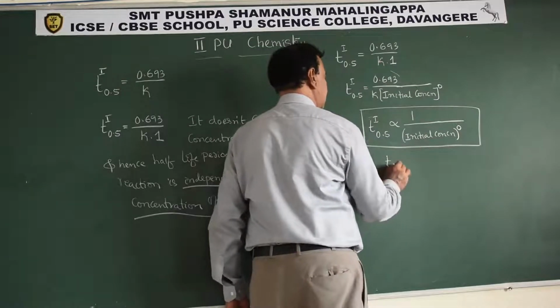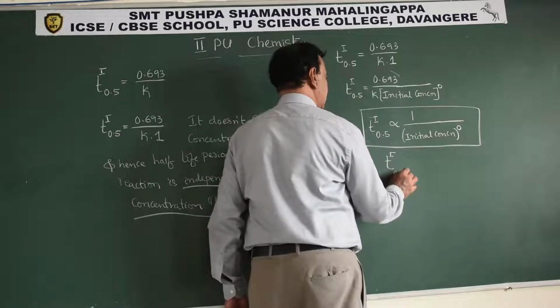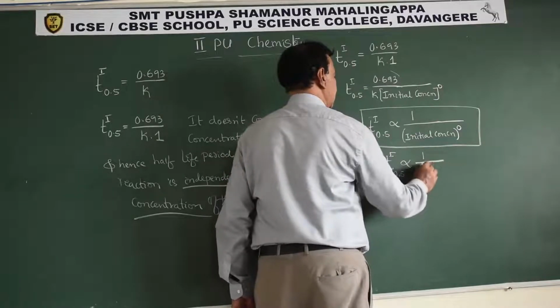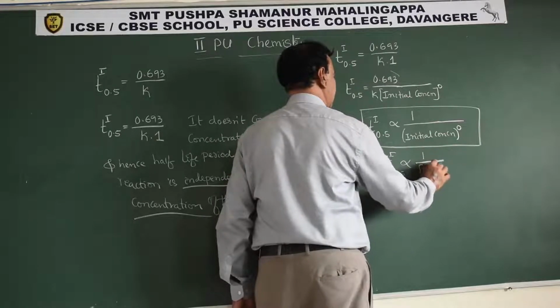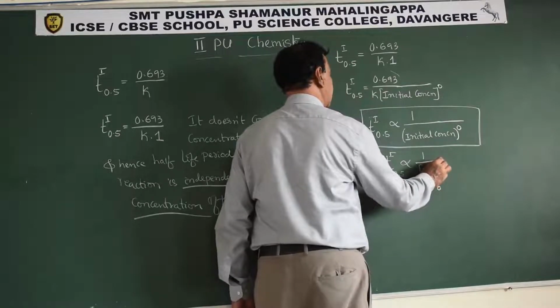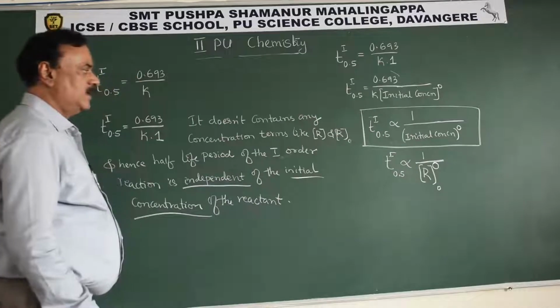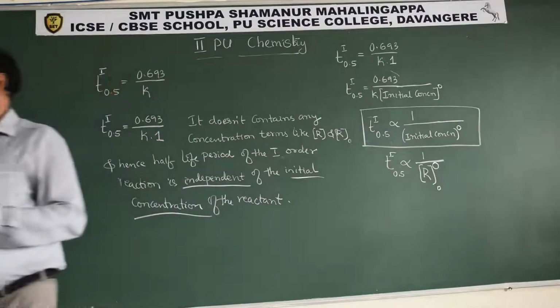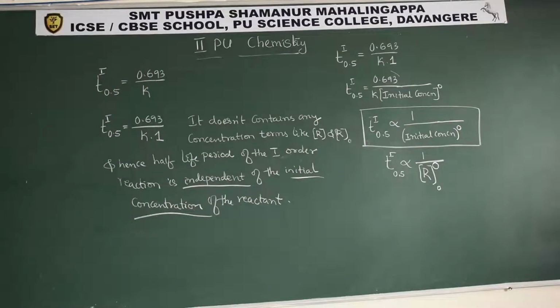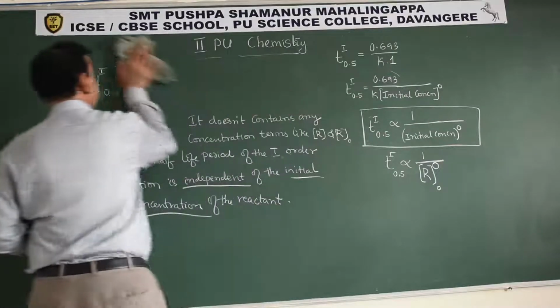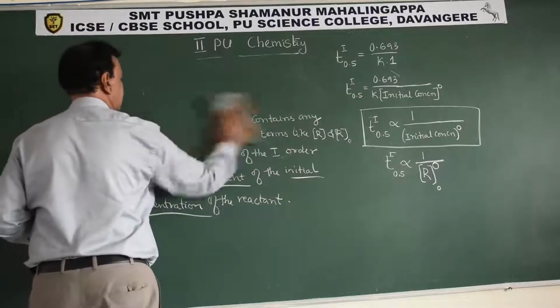If I represent this initial concentration as a, that is R0. This is the initial concentration to the power 0 if it is a first order reaction. If it is a second order chemical reaction, then both change.